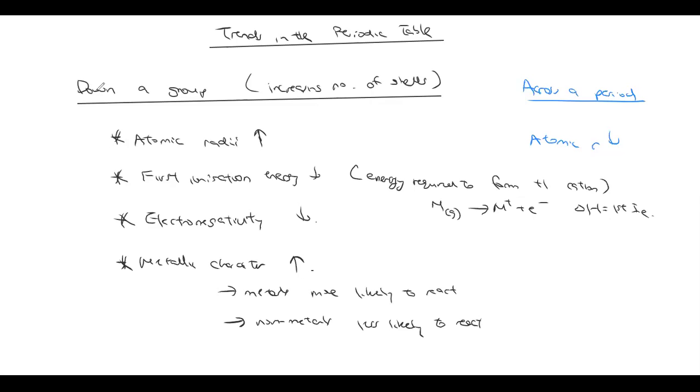Your first ionization energy will go up. Your electronegativity will go up, before the noble gases anyway, ignoring the noble gases, and your metallic character will go down.